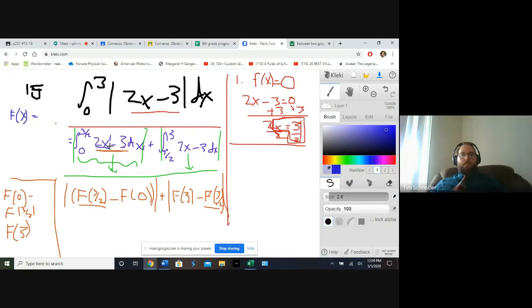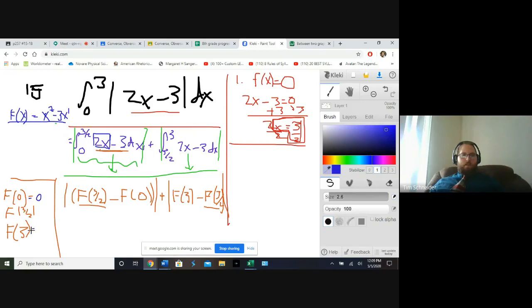Or you can think of it as what function gives you a derivative of 2x? It's x squared. And then 3 is a constant, so it was just 3x to begin with, and when we take the derivative of that, we get back negative 3. Okay, so this is the antiderivative. And now we just need to plug these things in. This one is nice. This is equal to 0.